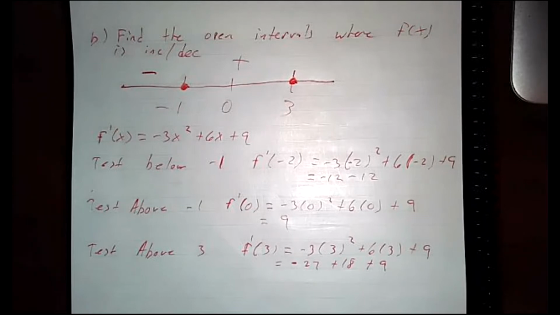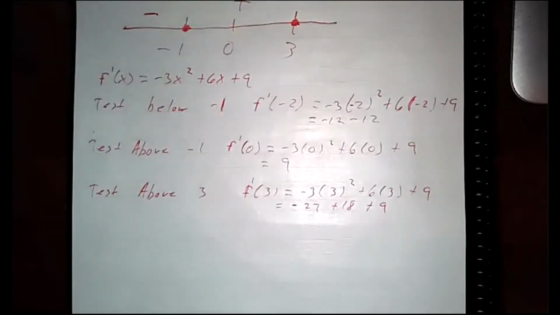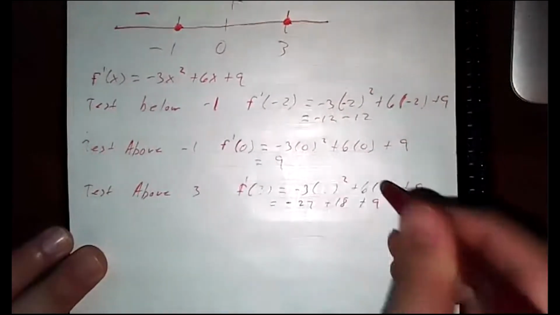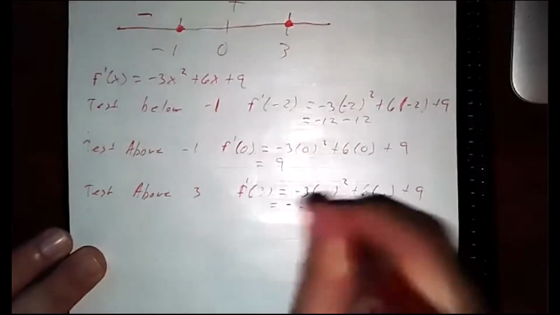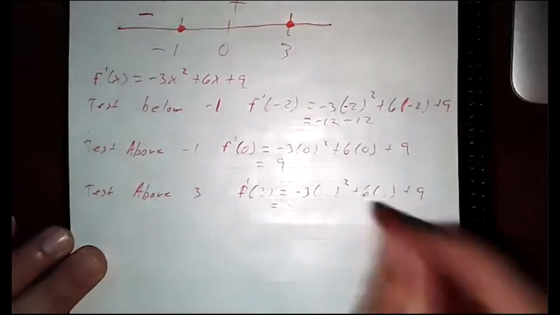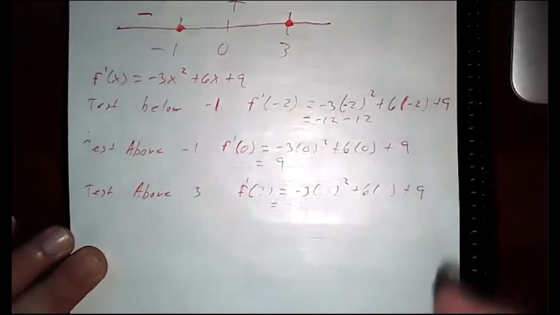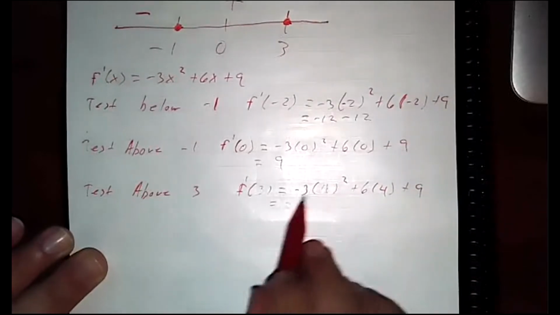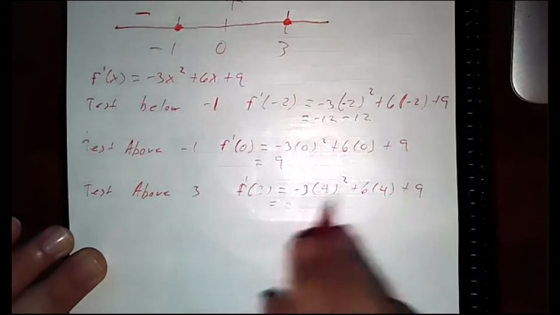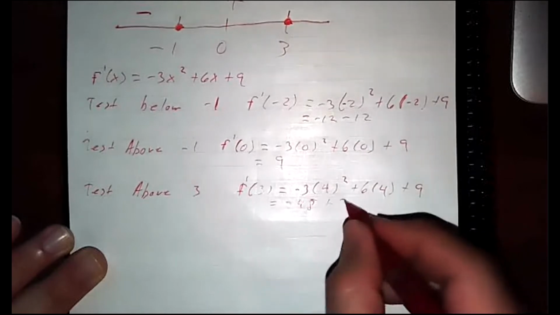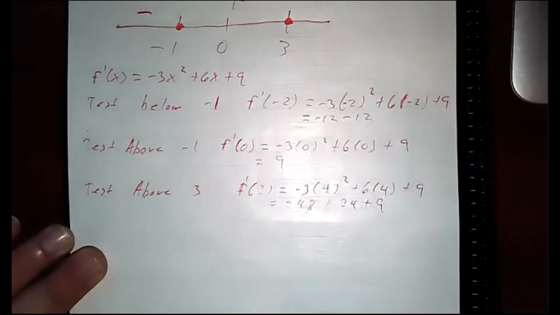Oops. Sorry. I said above 3. I used 3. We already know it's 0. That's funny. So let's go with 4, right? You can choose anything above, 3.1 or anything. But yeah, we'll use 4 just because whole numbers are pretty. So that'd be 16 times -3. Is that -48? Negative 48, plus 6 times 4, 24. Looks like negative, right?